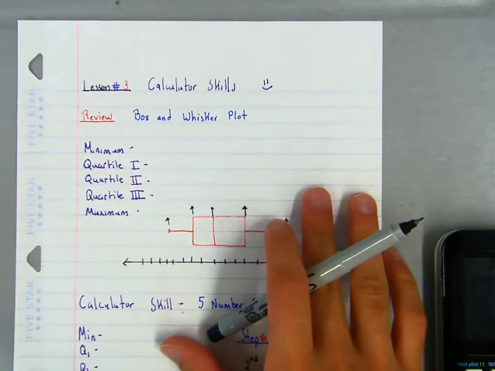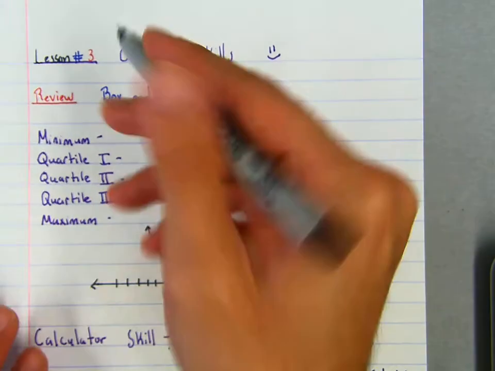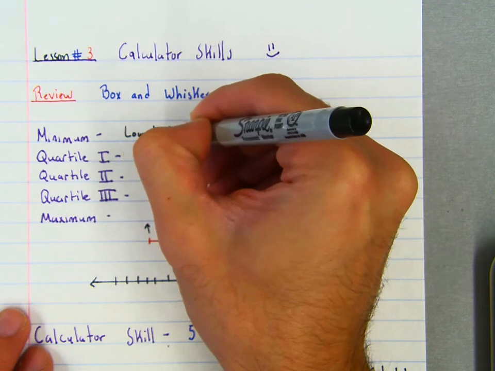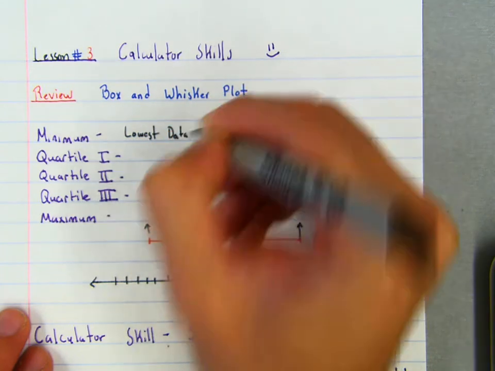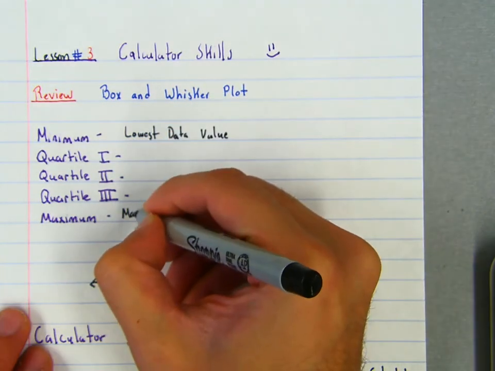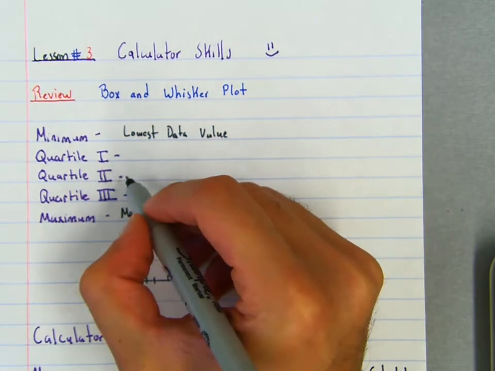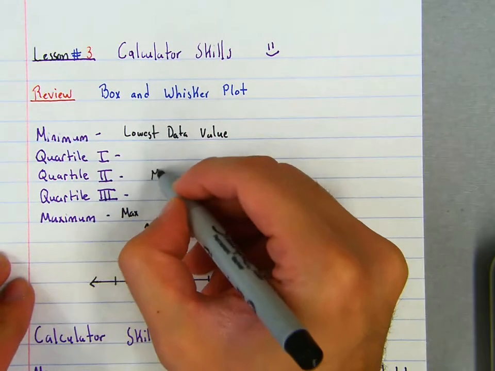Here, how do we define the minimum value? Which would be the lowest data value. All right. Here, this was the max data value, right? Q2, we should look at next. Q2 was the median.